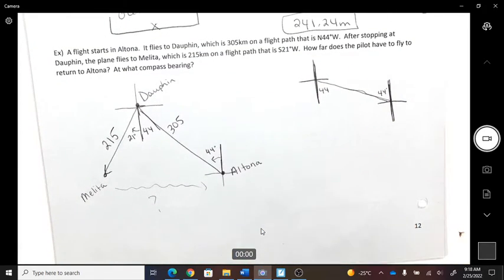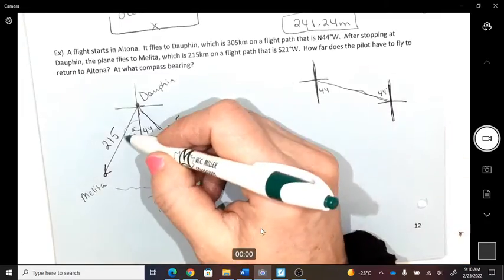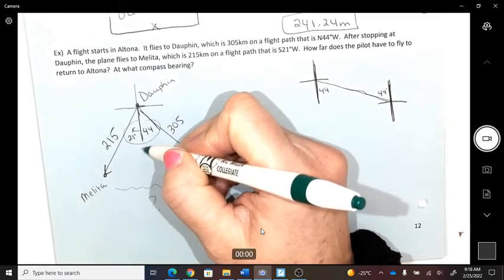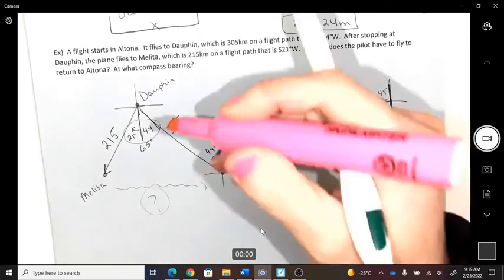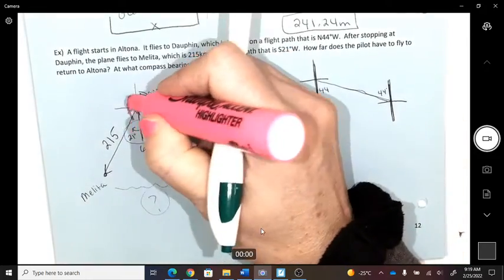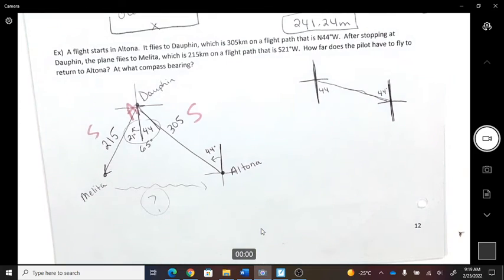Okay, now that whole angle is what? 65 degrees? Okay, so we can figure out this side length now. What kind of situation do we have? We have a side, an angle, and a side. So we're going to use cosine law.